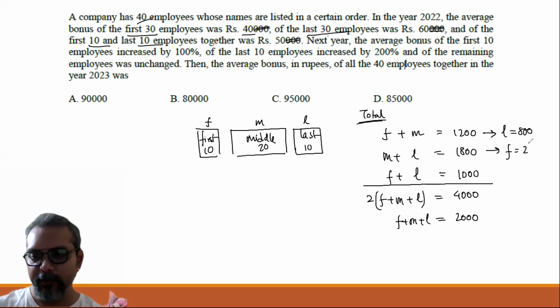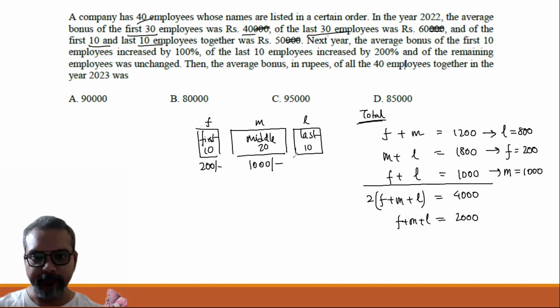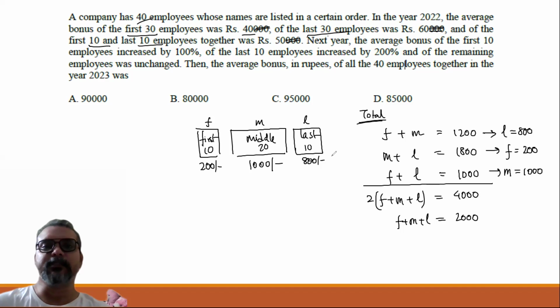Here, F will be 200 and M will be 1000. So their total salaries are 200, the middle one's 1000, and this one 800. So we have got the total salaries.